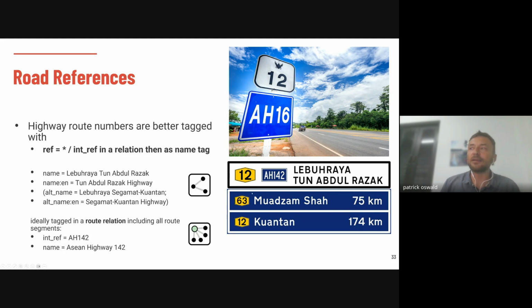You can add it to the little segment in ref, that's fine, but the ideal way is to make a route relation. Do not put it as a name for this road segment. Those who joined my training on relations may understand it a bit better. This one is better placed in ref, and the name here is Lebuh Raya. The name is not Asian Highway 142 for this segment.